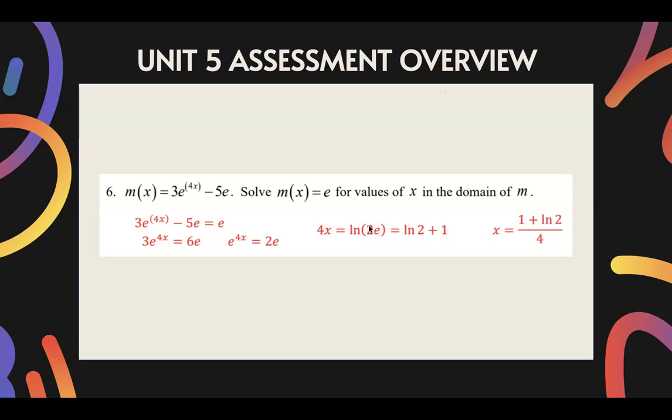We see we have 2 times e. Well, we know if we multiply those expressions, we can expand them by adding. So essentially, this becomes ln of 2 plus ln of e. And we know ln of e is equal to 1, so we replace it. From there, we have 4x equals ln of 2 plus 1, and we divide by 4. And that would be our final answer.